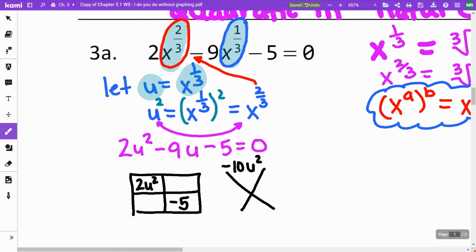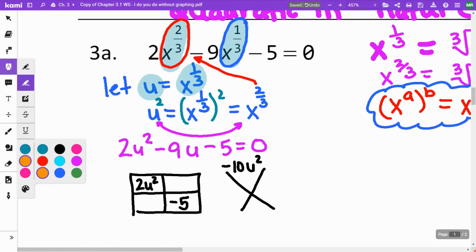What we learned in Integrated 2 last year was that if I was multiplying those together and I got that negative 10u squared, what always happened, the pattern was the other diagonal also multiplied to a negative 10u squared every time. In every problem, those two things ended up being the same. But those two also have to add to my negative 9u. That's why I'm going to put my negative 9u at the bottom. Okay, that's why this works.